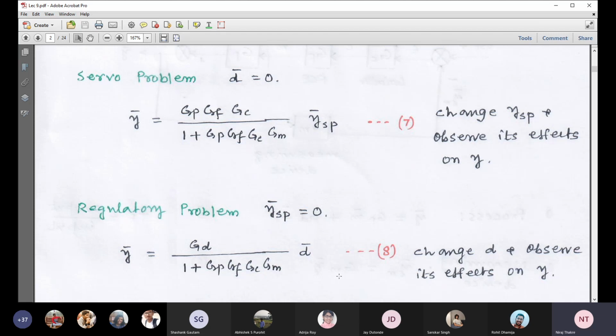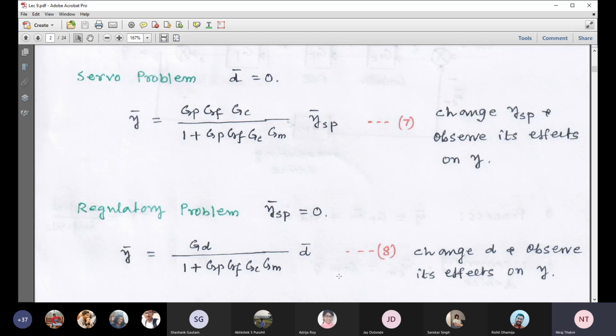Now another one is the regulatory problem. In this problem, we basically consider set point equal to 0, but the disturbance term remains there. This is called the regulatory problem. Set point 0 and disturbance is there. An example is very simple.